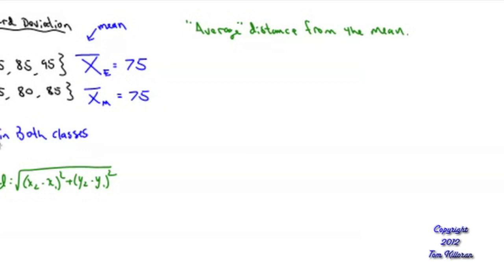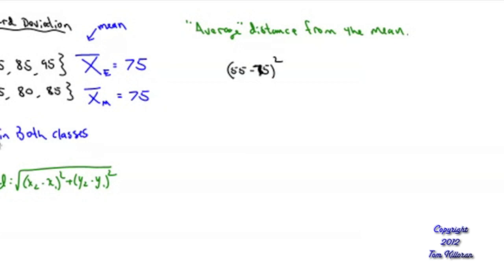So what we're going to do is take, make sure I write this right, the square. We're going to find the average. So it's going to be 55 minus the average, which is 75. We're going to square it. We're going to do it totally different than what I'm doing here eventually.